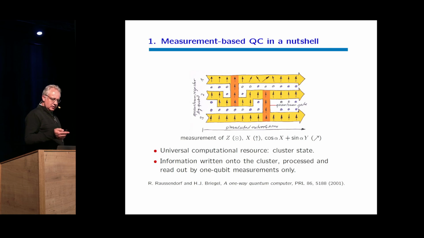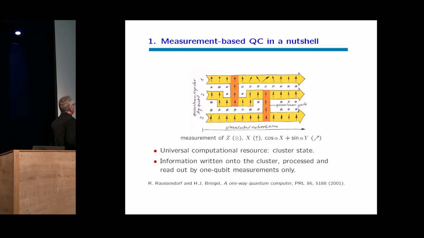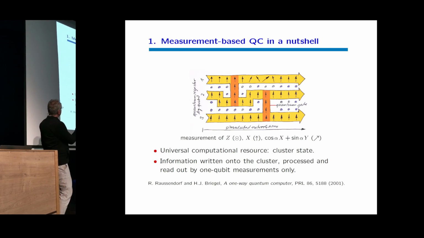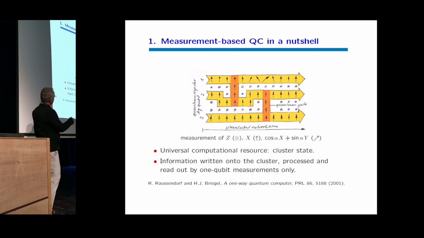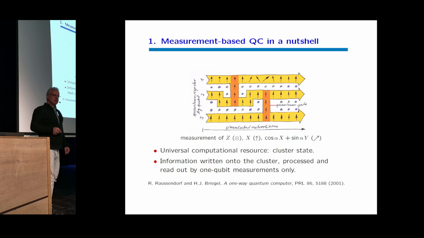Okay, so now, broadly speaking, what's going on? So here is the 2D cluster state back with a little bit of extra information. But maybe the main points first. So yeah, you have this universal substrate. For now, it's going to be the cluster state.